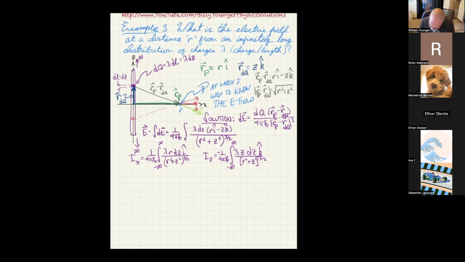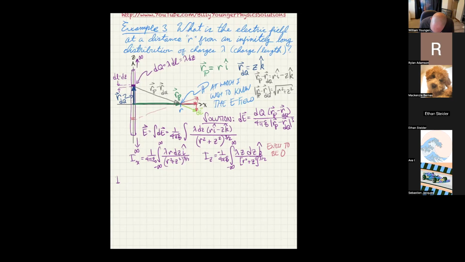So we expect this integral to be 0. We can integrate that to show it, but the other one's not. In fact, I could do it from 0 to infinity and then multiply by 2, because by symmetry the x component is the same in both cases. So let's start off with this integral.